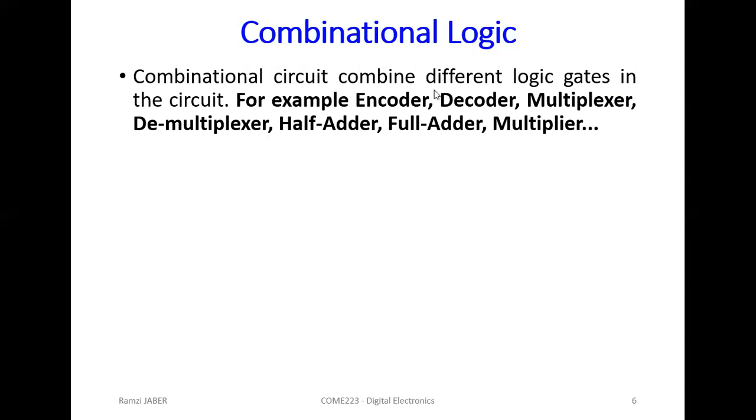Examples: encoder, decoder, multiplexer, demultiplexer, half adder, full adder, multiplier, and so on. These circuits contain many different logic gates. This is called a combinational logic circuit. In another course, logic design, you will take the multiplexer, half adder, full adder, and multiplier. Today we'll talk only about the multiplexer.